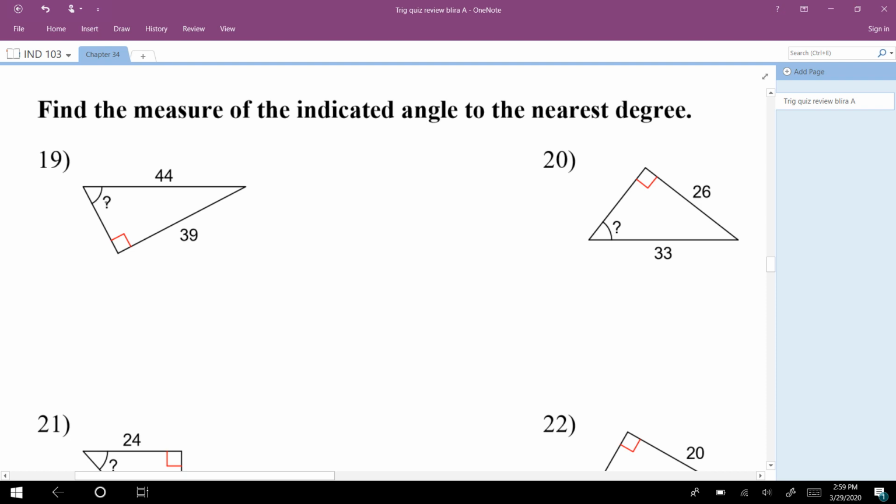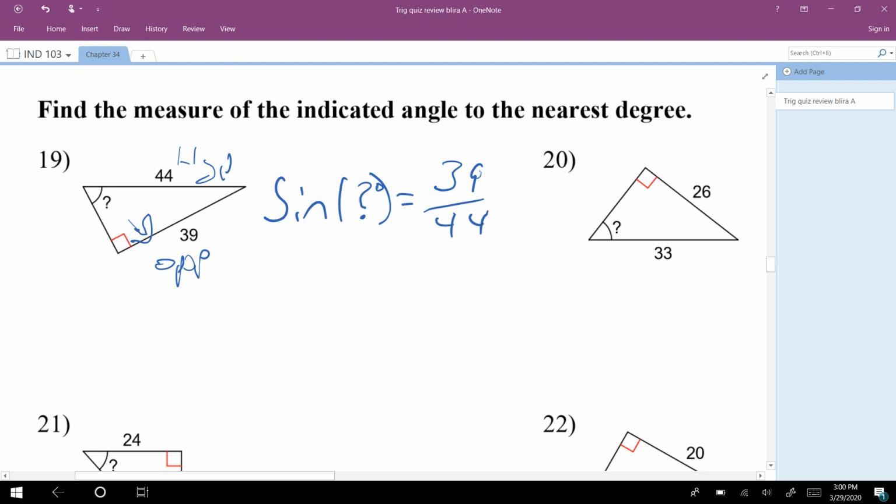To this angle, we have the opposite side up and we have the hypotenuse. So what function is that going to be? Correct. So we have sine of question mark degrees is equal to, okay, set up 39 opposite over hypotenuse, over 44.